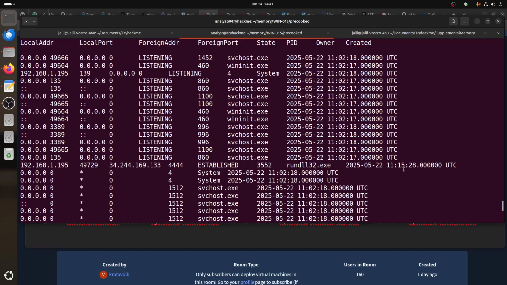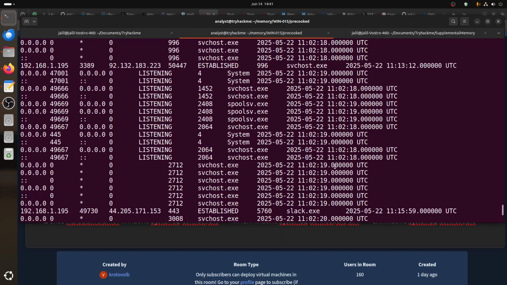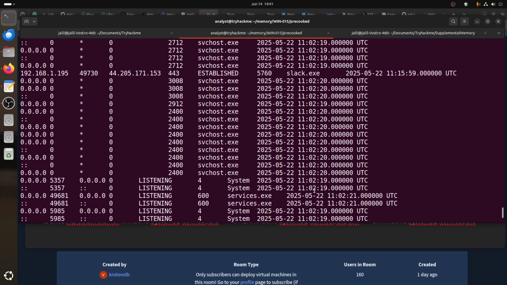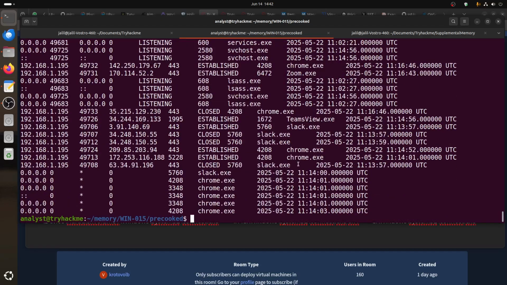Check the time, 11:15, and then we have this IP established already, and this is just a normal user. We have this IP established, but it's svchost, that's normal. We have this one too, Slack, so that's not our problem. It's Chrome and Zoom. Chrome, and then we have our friend. That's the first one, because this one is 11:14. The time is also crucial here. This is the first one.